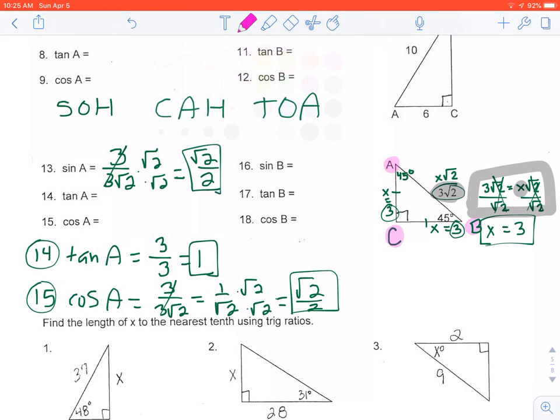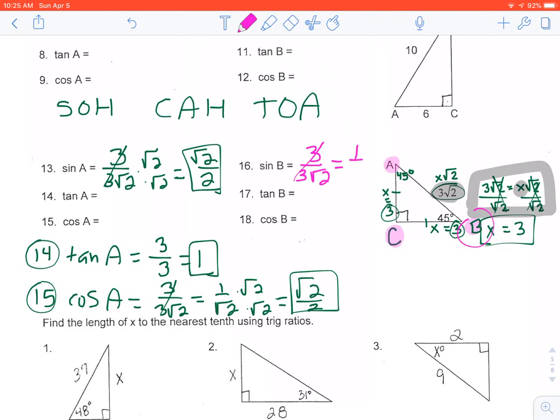Number 16, we have sine of B. So now we're switching our angle, coming down here. Sine of B is opposite, which is 3, over hypotenuse, which is 3 square root 2.